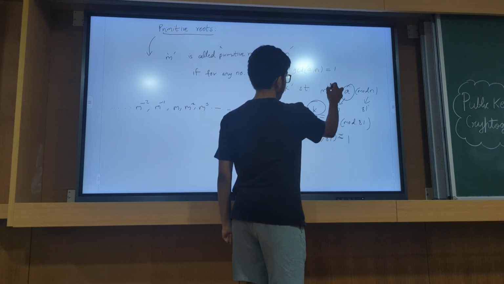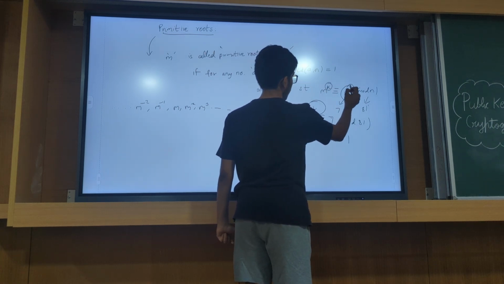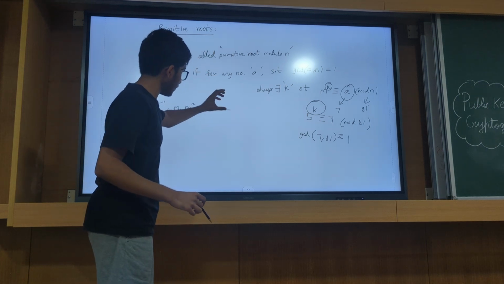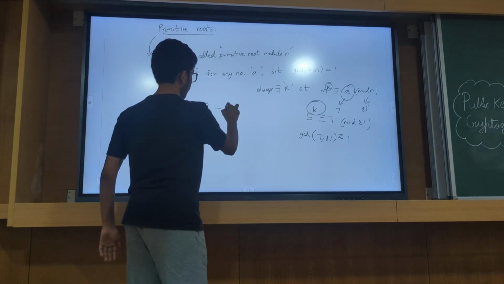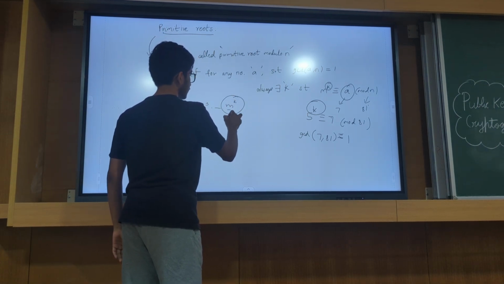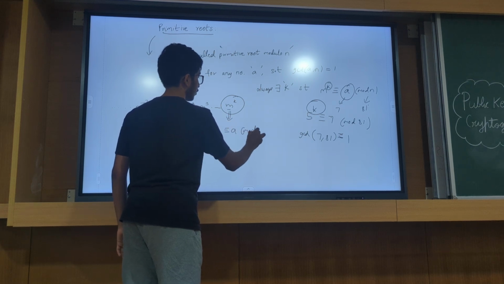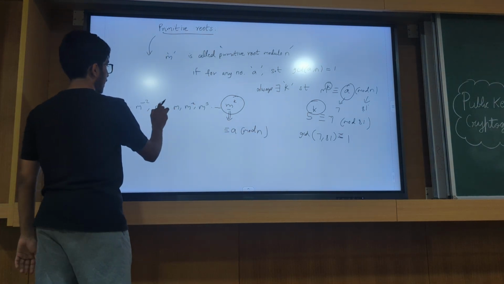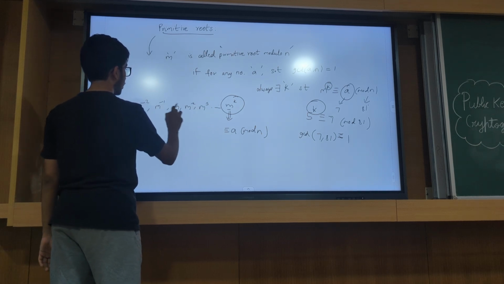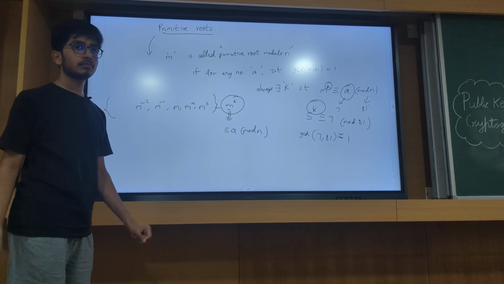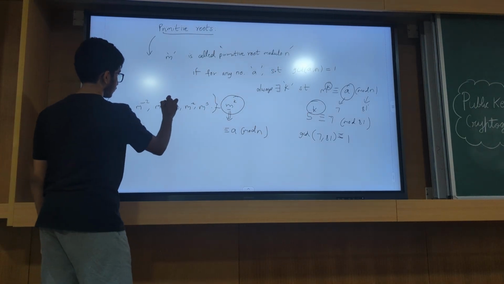Because you are able to get a k such that M power k is congruent to a mod n. So in this there will be some k such that M power k is congruent to a mod n. If you take this generated group, it will also include 1, right? Yeah, 1 also.